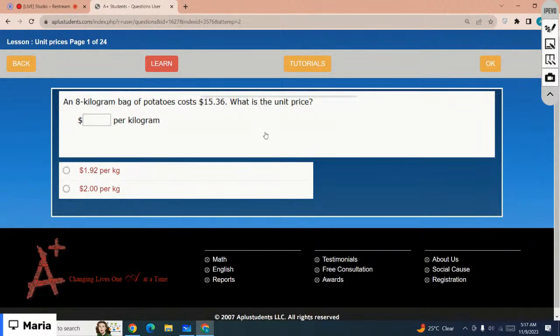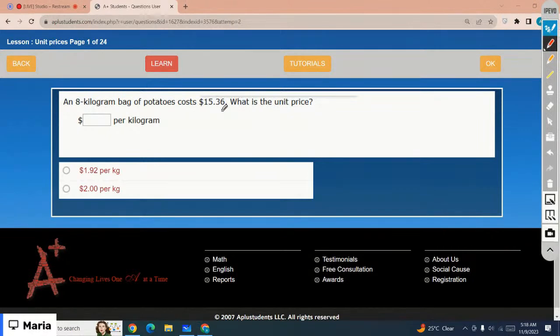Okay, so an 8 kilogram bag of potatoes costs $15.36. So what is the unit price? You are given the price of the 8 kilogram bag. You need to calculate the unit price. Unit price means you need to calculate the price of 1 kilogram.